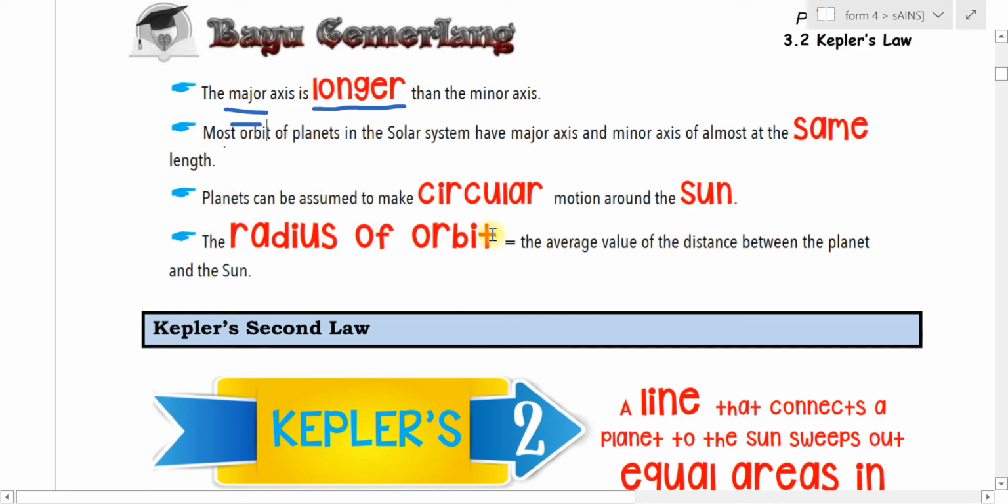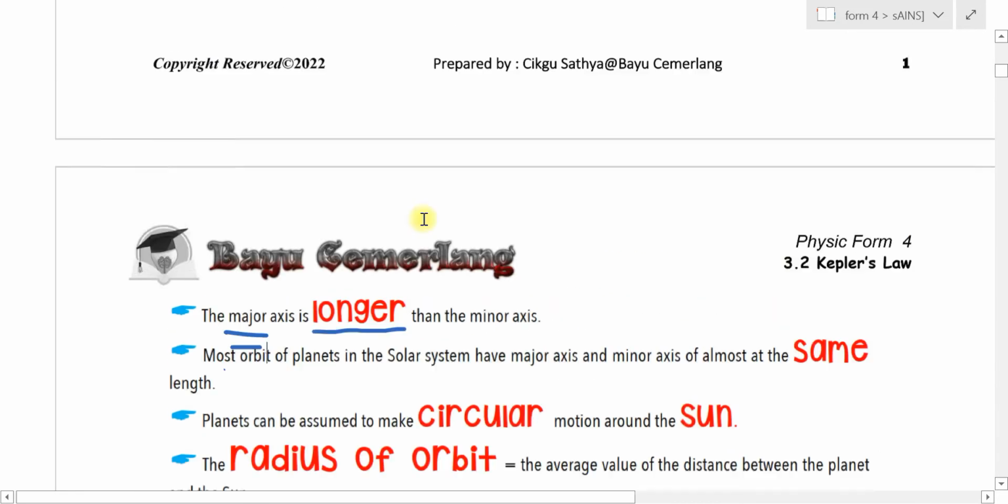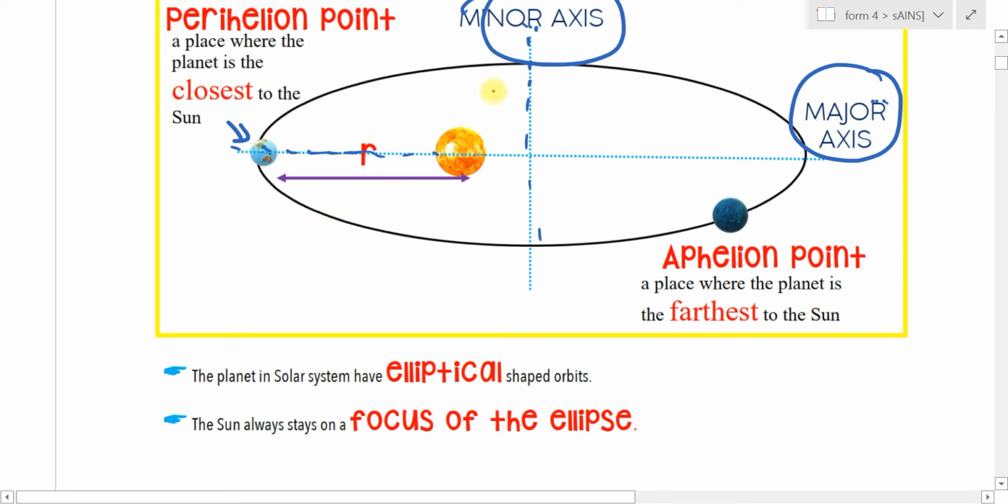The radius of the orbit is the average value of the distance between the planet and the sun. We calculate the distance between the planet and the sun. Kita ambil dia punya radius of the orbit. For example, kamu tengok, kita ada Earth dan Sun kan. The distance between these two bodies is known as the radius of the orbit of Earth.